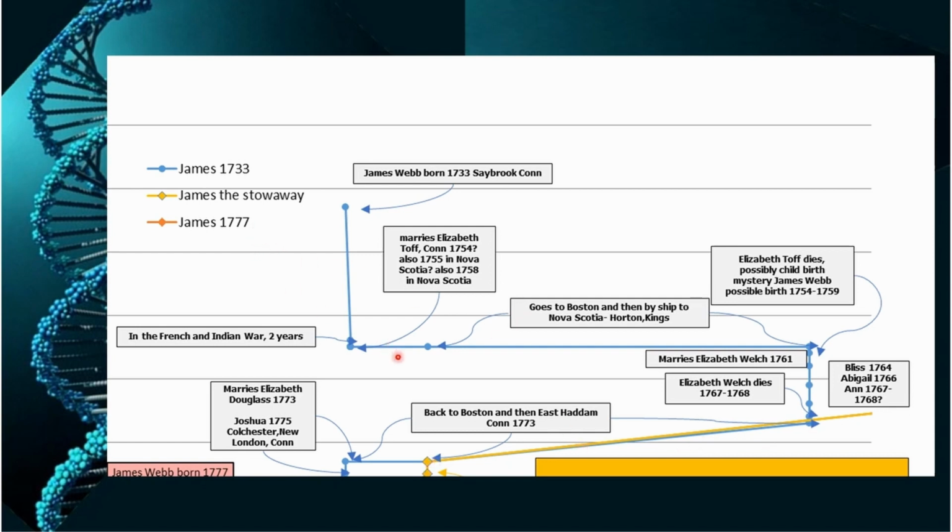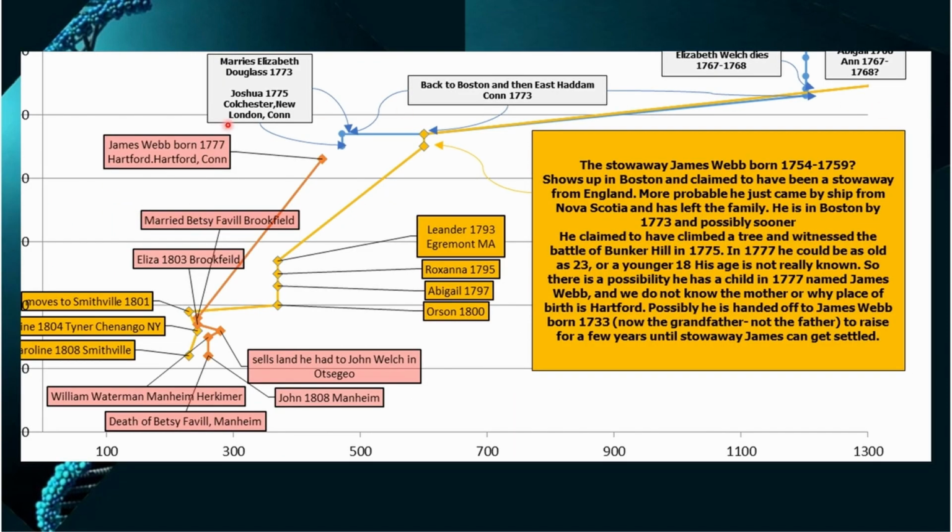Okay. So you see Joshua. Now the stowaway claims to have been a stowaway from England, climbs a tree and watches Bunker Hill. That's 1775, same year that Joshua was born. And then the data has our James Webb born here, 1777.